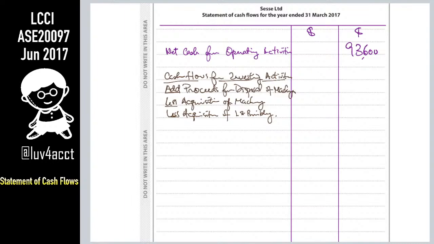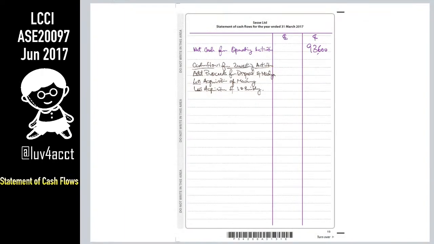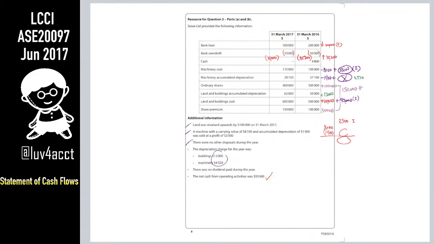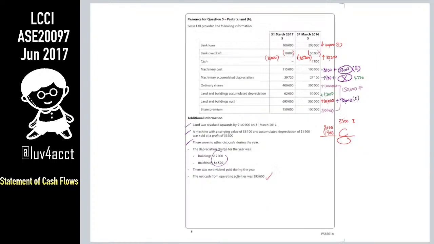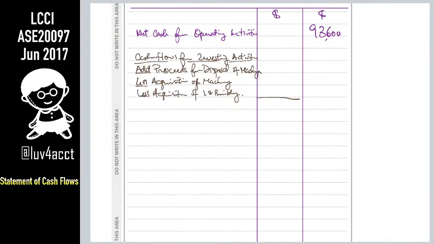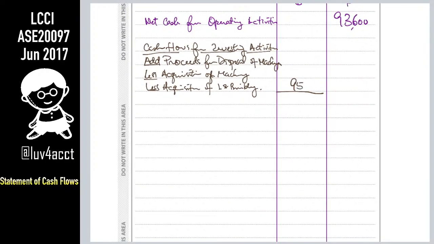Okay, so these three figures. $3500, machinery acquisition 23100, and then land and buildings acquisition 95,000. Okay, so 95,000.